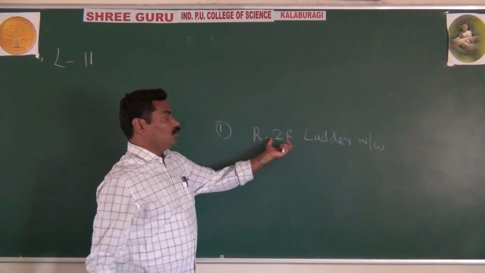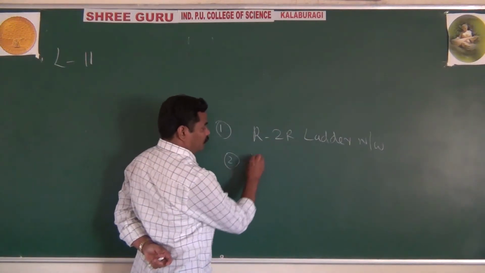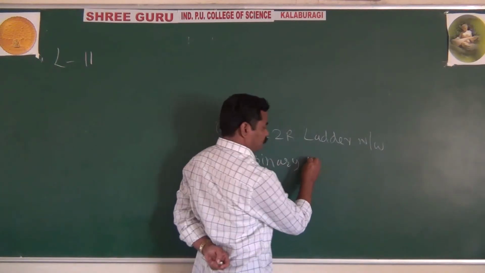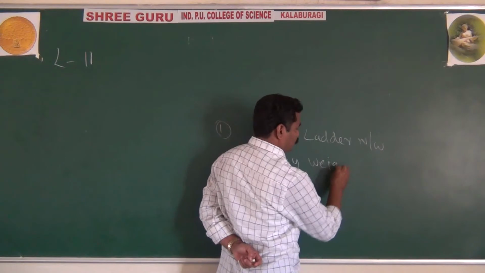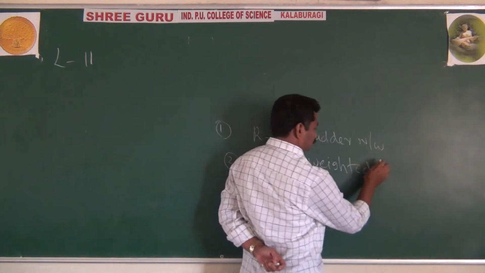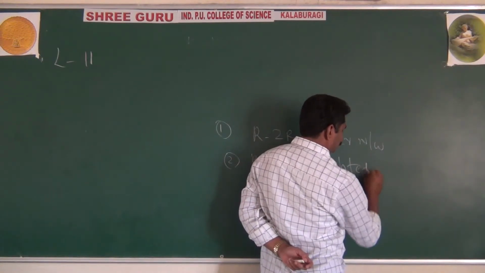One is the R-2R ladder network, and another is called the binary weighted resistor.